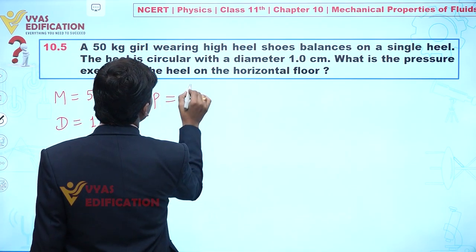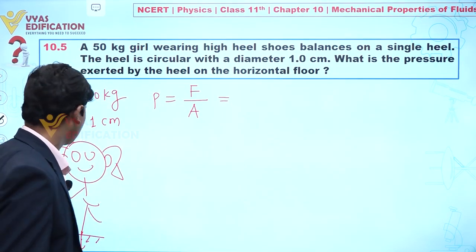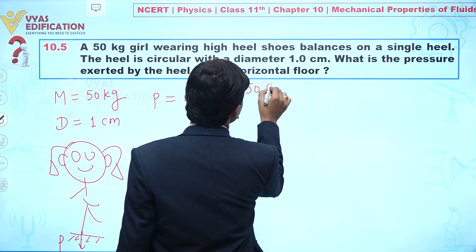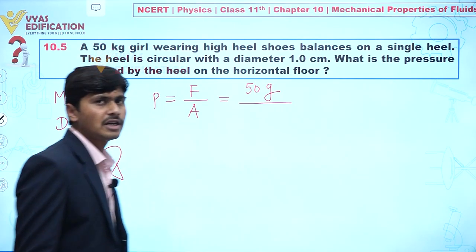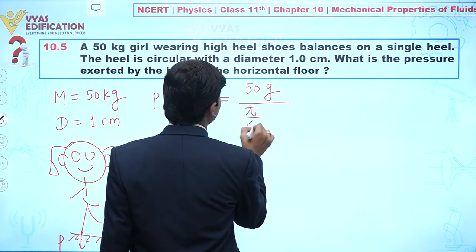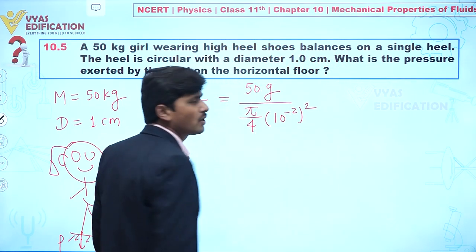So pressure is given by force per unit area. The value of force, because this is 50 kg, I can say is 50 g, divided by the area, which we can write as pi by 4 into d square, that is 10 to the power minus 2 whole square.